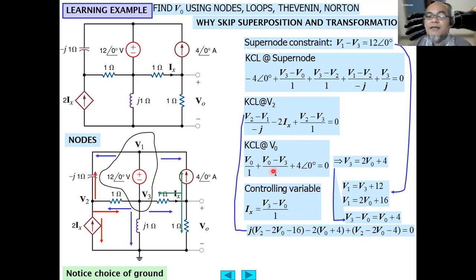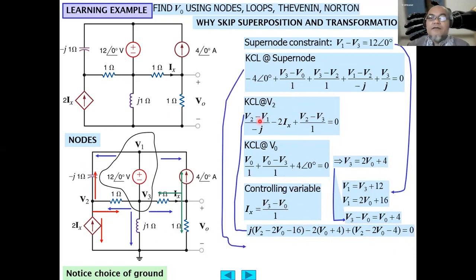Minus Ix, which we replace with V3 minus V out, and V3 minus V out equals V out plus 4. So this becomes minus 2V out plus 4. Finally, in V2 minus V3 we replace V3 with this equation, so it becomes V2 minus 2V out minus 4 equals 0. So we still have V2 here.